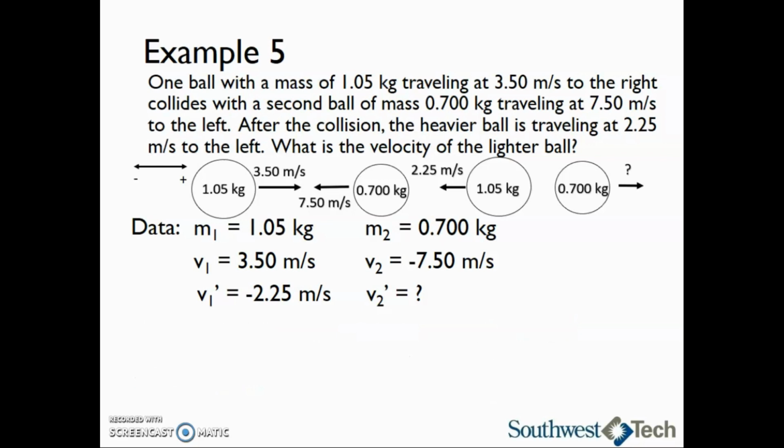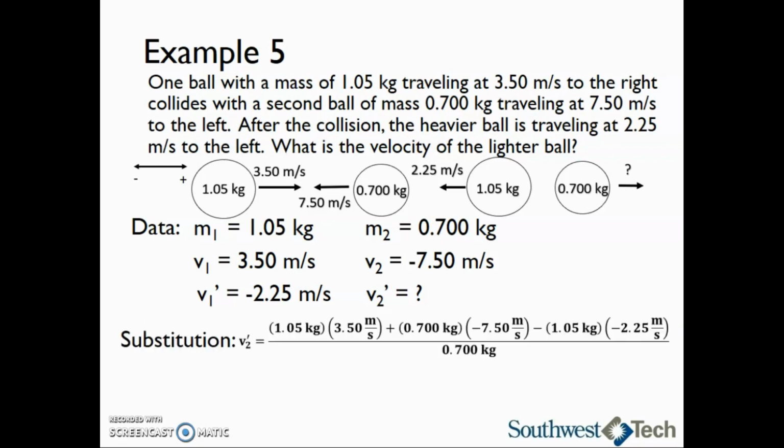Now that we have our working equation, we can go ahead and substitute in our data. v2 prime is equal to 1.05 kilograms times 3.50 meters per second, plus 0.700 kilograms times negative 7.5 meters per second, minus 1.05 kilograms times negative 2.25 meters per second, all divided by 0.700 kilograms.